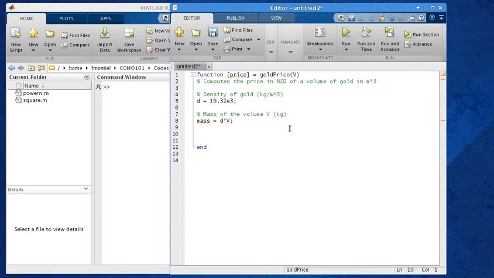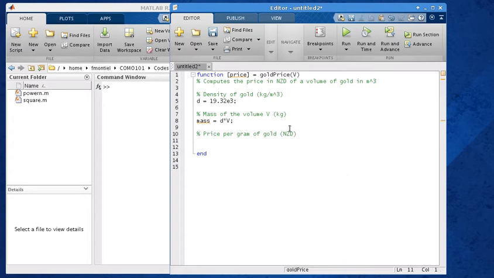We need to know the price of a standard unit of mass, and that can be found online as well. I'm not going to use the latest data, but the data from 2012, which gives the price per gram of gold in New Zealand dollars.